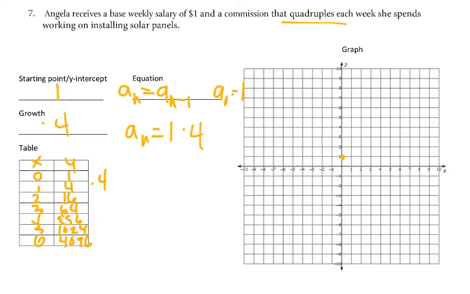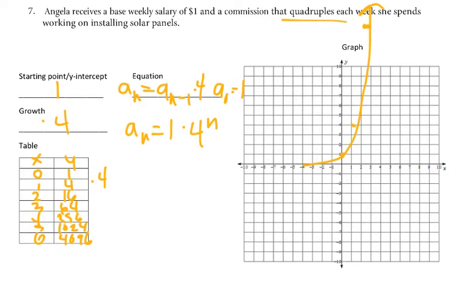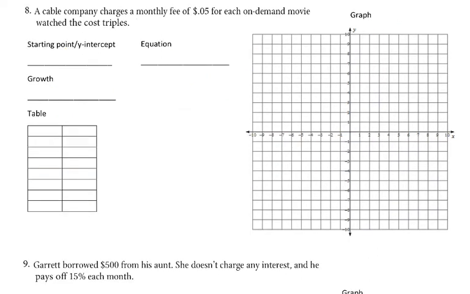So the explicit is 1 times 4 to the n, timesing by 4. Okay, and then already it'd be growing pretty quick. All right. 2 more to go.